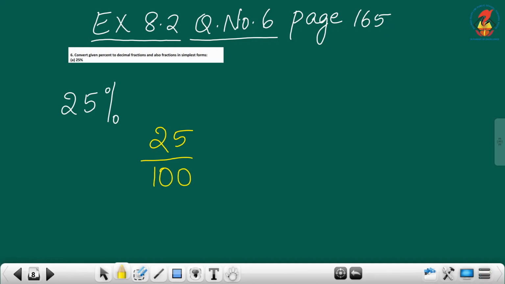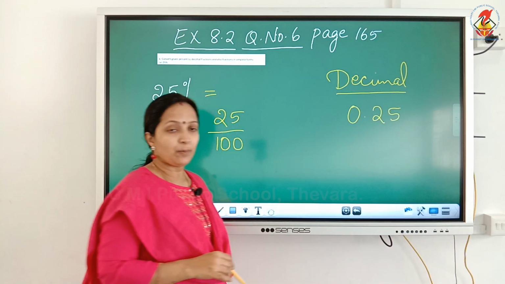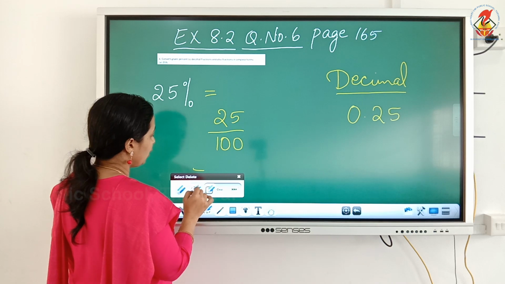Multiply with 1 by 100 means what? 25 into 1 by 100 means 25 by 100. You know that this is a fraction having denominator 100, so you can write the decimal number easily. If it is division by 100, the decimal point is moving to the left side. So what will be the decimal? 0.25. This will be the decimal part, 0.25, and you have to reduce this fraction to the lowest term.